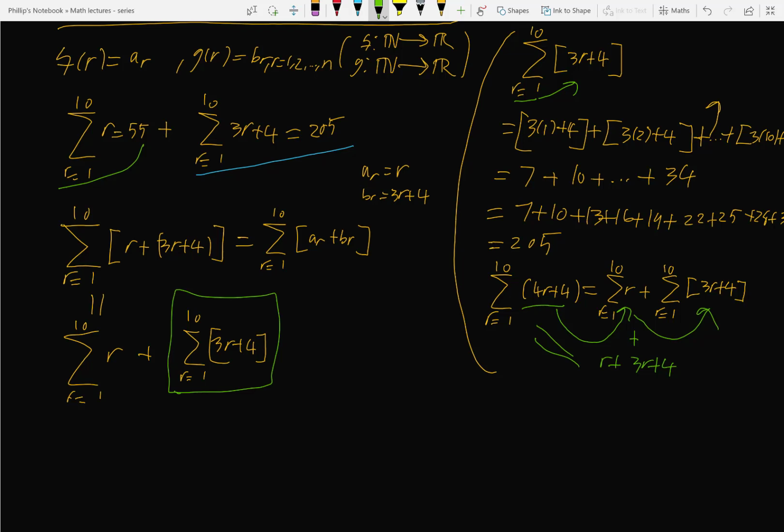Because we've already worked them out individually, we already know that 4r plus 4 is going to be equal to 55 plus 205, and the result of that is going to be 260.